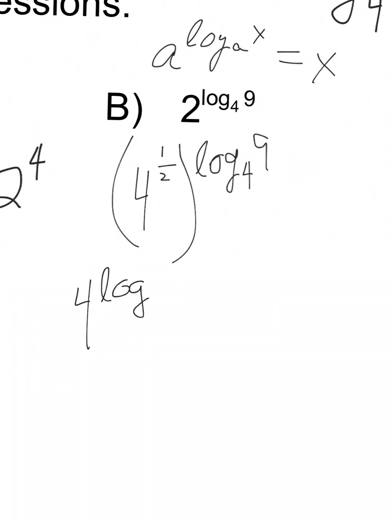So now I have log base 4 and I bring this half to the exponent of 9, that's 9 to the half power. Half as a power or an exponent is a radical, so that's the square root of 9. And now in our argument, the square root of 9 just gives us 3. And now we have this form here where here's our a, here's our a, here's the value of the argument. So ultimately, this whole expression equals 3.